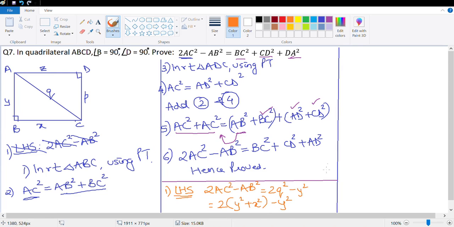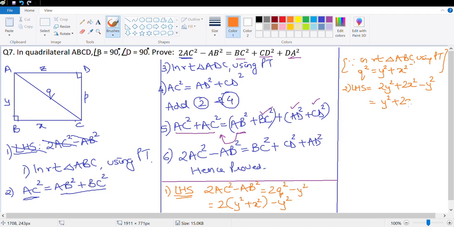Why? Since in a right triangle ABC using Pythagoras theorem, I get Q square is equal to Y square plus X square. So that's the reason I have replaced Q square with Y square plus X square. So this gives us left hand side is equal to 2y square plus 2x square minus y square. So this becomes y square plus 2x square.